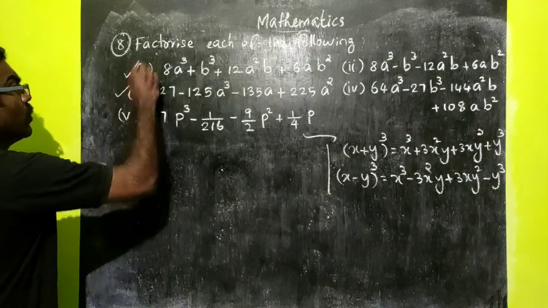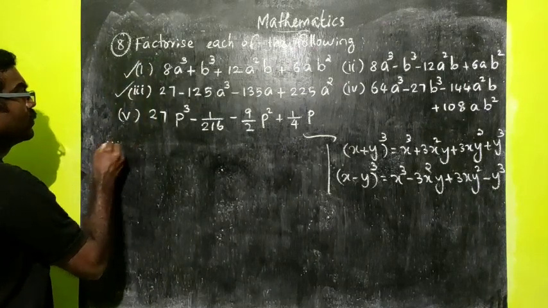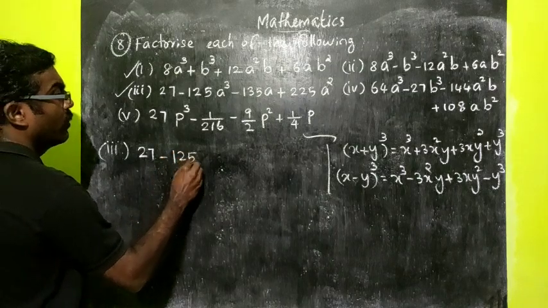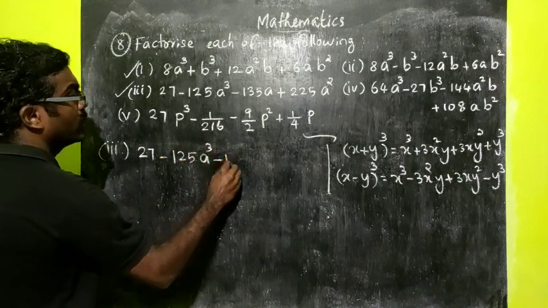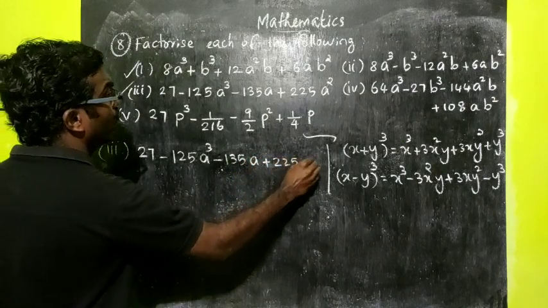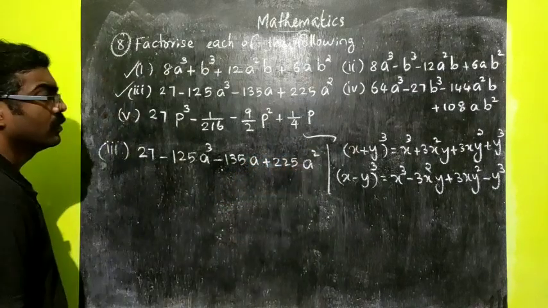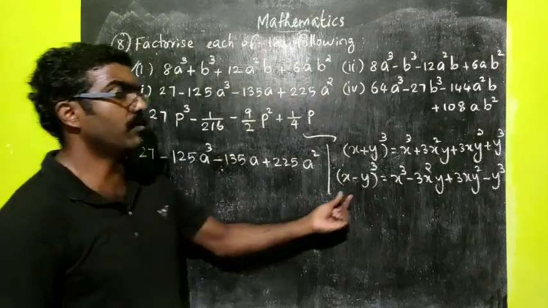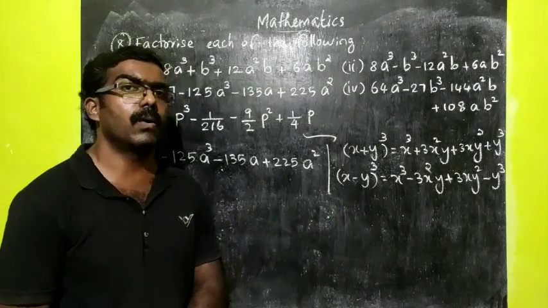Now consider the third one: 27 − 125a cube − 135a + 225a square. Here some negative terms are there, so it may be of the form (x − y) the whole cube.